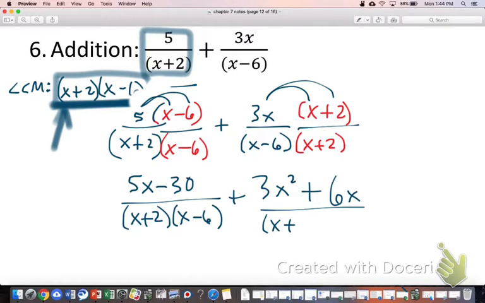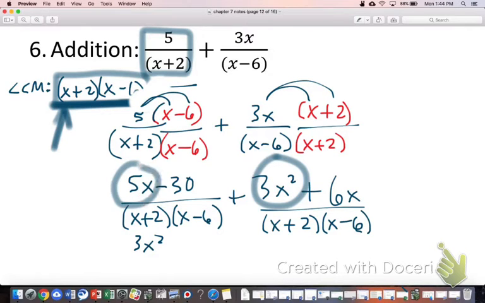Okay, so then my final step is going to be to go ahead and actually add these together. We're going to be looking for like terms. Is there anything like the 3x squared? No. Nope, there isn't. So we're going to write it as 3x squared. Is there anything like the 5x? 6x, yeah. So 5x plus 6x is 11x. And then there's nothing like the minus 30.